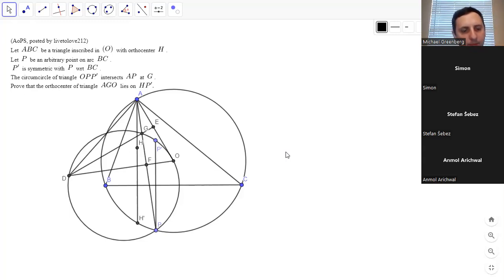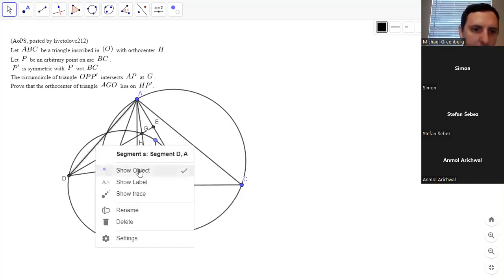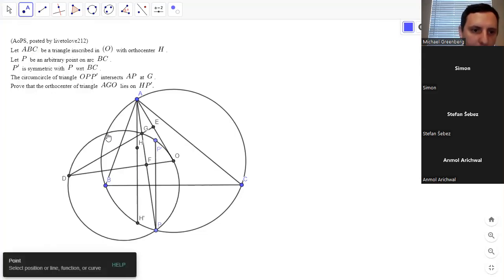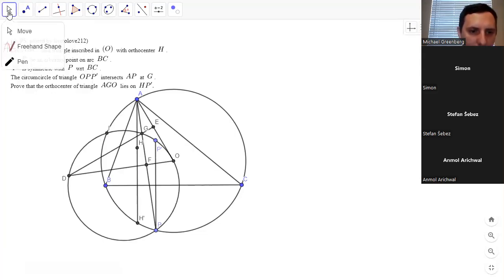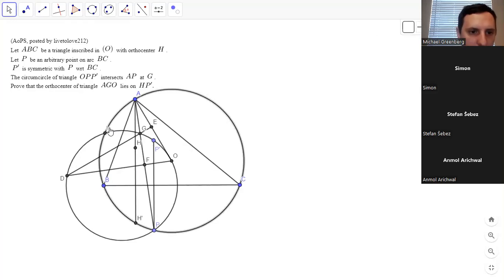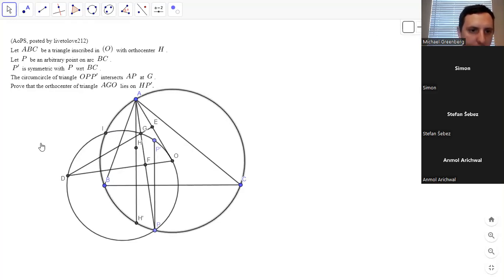Interesting. Maybe it might be easier to define this point, and then we want to show D, I, and A are collinear by an angle chase. So we could try to show angle DIO plus angle OIA is 180. Angle OIA is angle OAI. Angle chase does it.